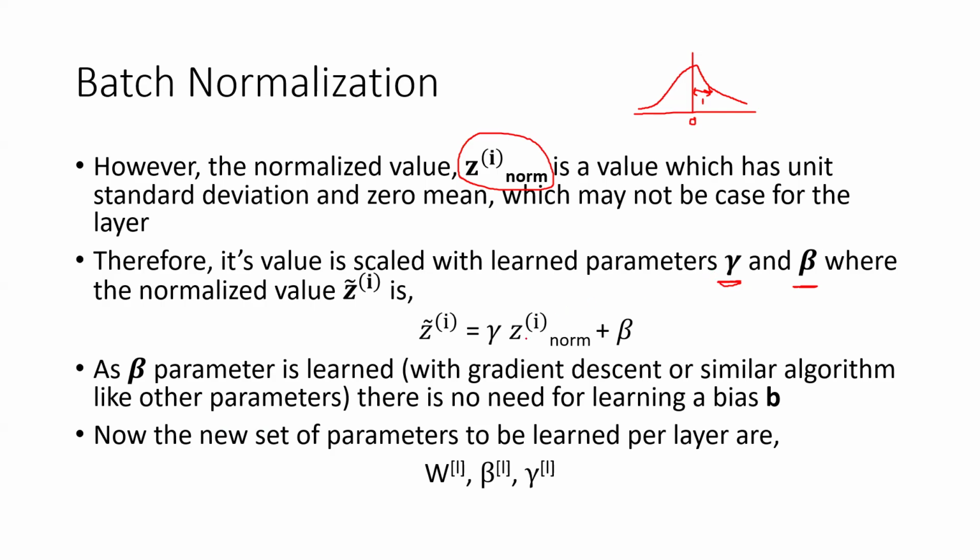So we take this z norm, multiply it with this gamma value, and add the beta value, so that you will get the z tilde i, which is not a standard value, but can have a normal distribution which is not a standard normal distribution like what we had in zi norm, right?